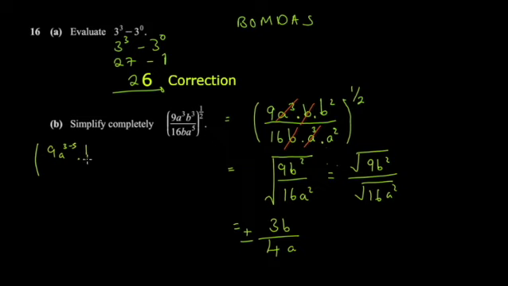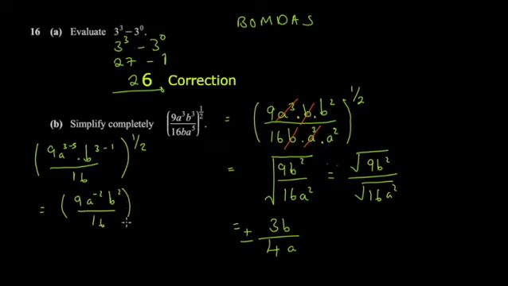So times b to the power 3 minus 1 for this one. Then divided by 16 is still fine. So here you get the power half, then obviously you get 9, then a to the power minus 2, then b to the power 2 over 16. Okay, so to the power half all in all.